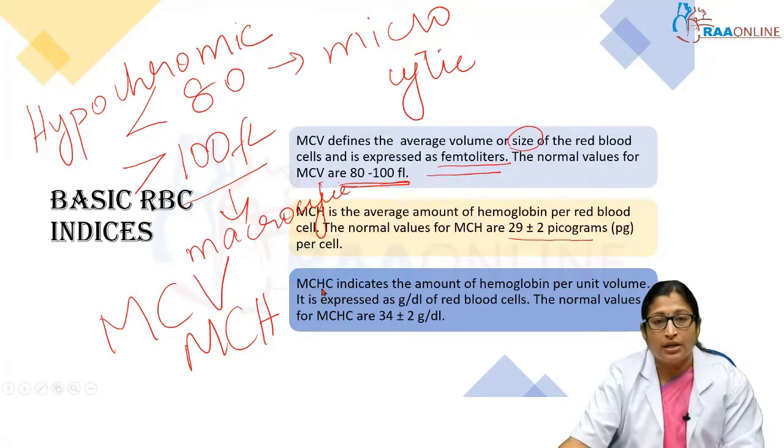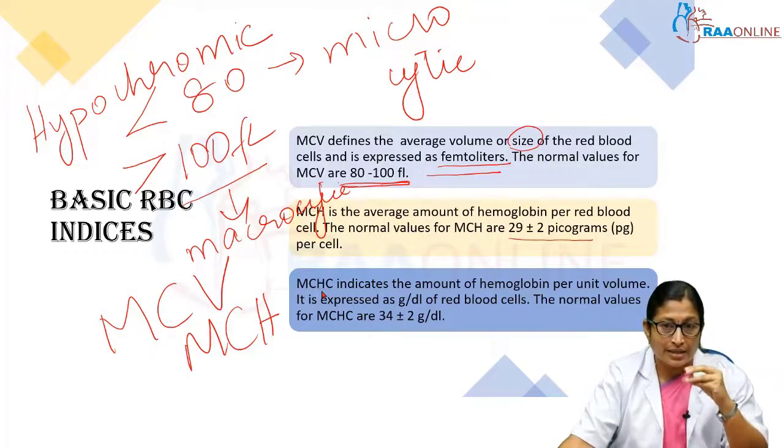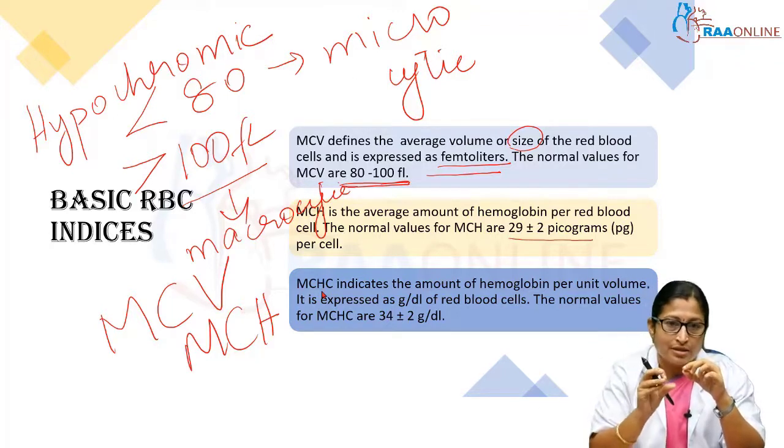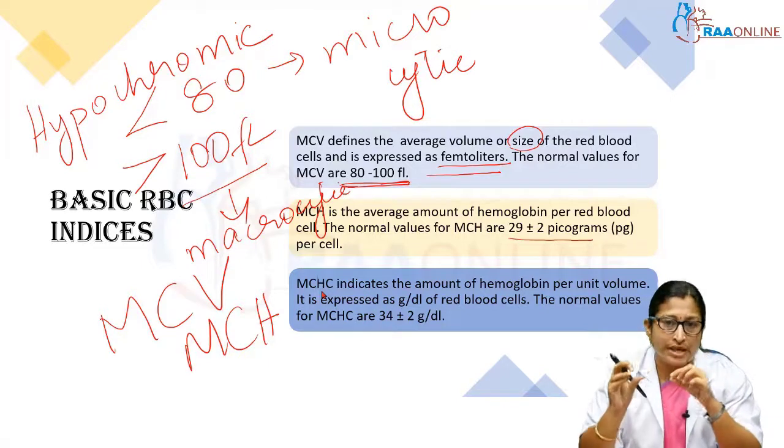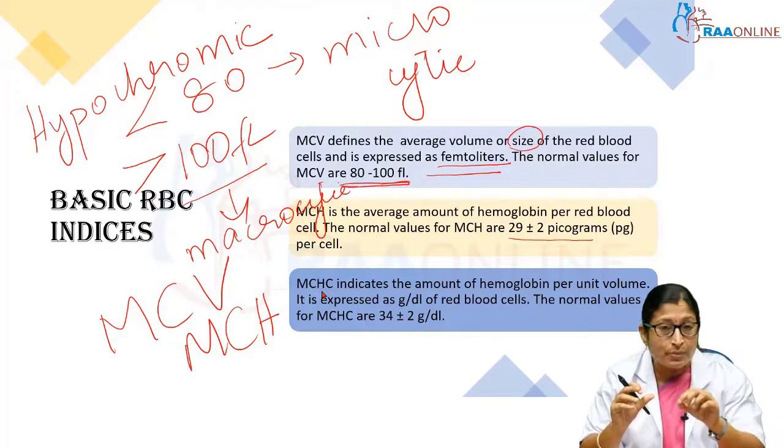Mean corpuscular hemoglobin concentration. This is similar to MCH, but remember how you get it. Just imagine you are centrifuging blood and separating the red cells. In that, you take 1 deciliter of red cells and measure how much hemoglobin it contains. That gives the value for MCHC. It is not 1 deciliter of blood, it is 1 deciliter of the RBC.